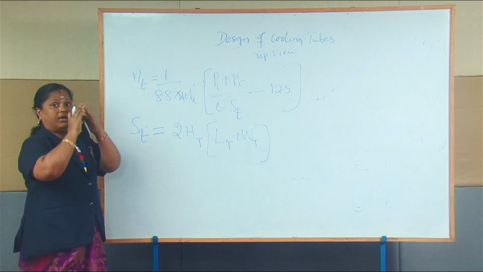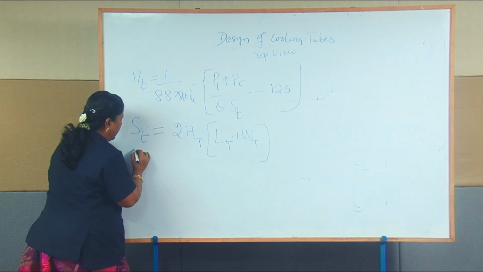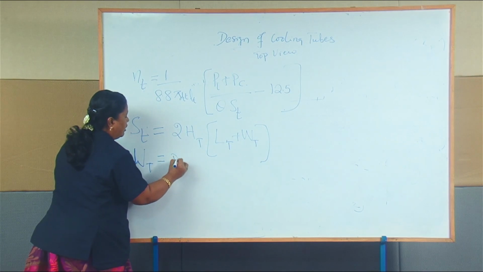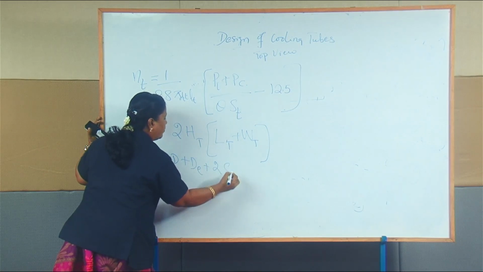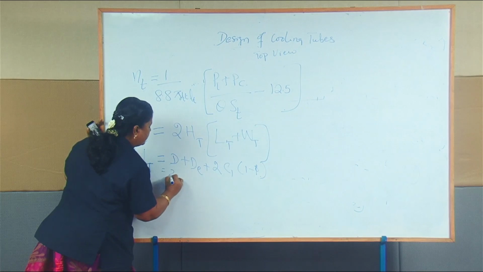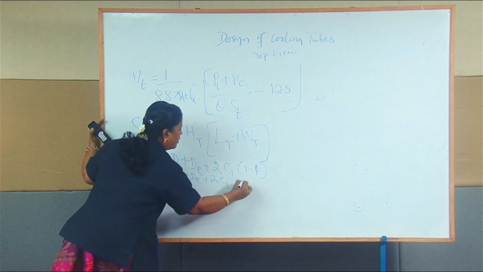Next, if the transformer dimensions are given, how will you calculate the width, length and height of the tank? First, the width of the tank is equal to D plus DE plus 2C1 for single phase, and for three phase it is 2D plus DE plus 2C1.